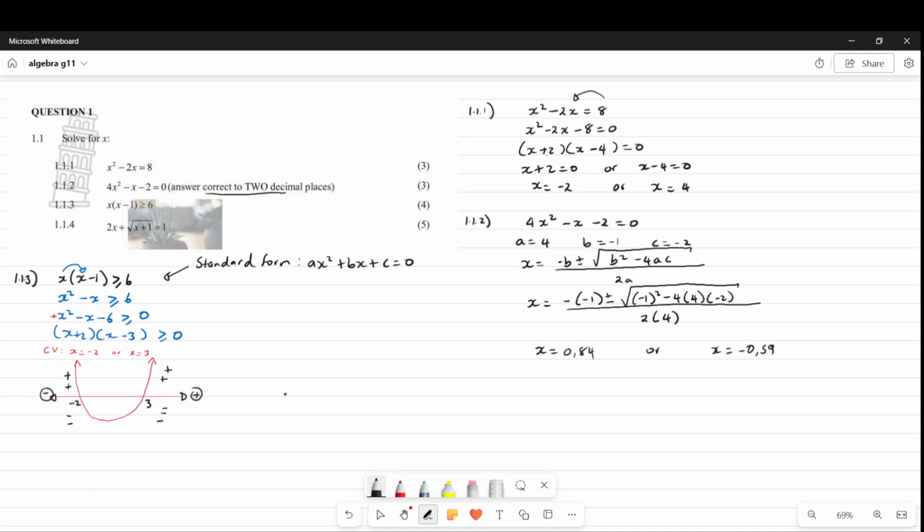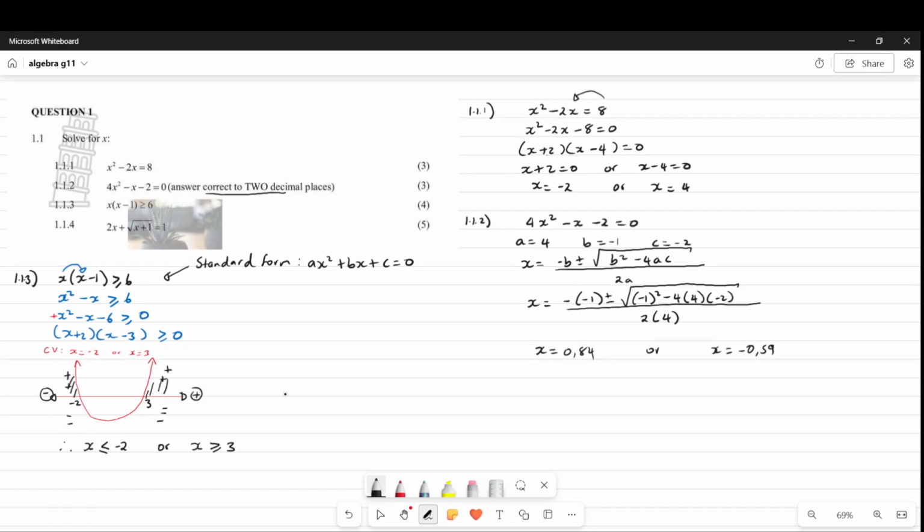So you can see it's only above 0 when x is greater than 3, or when it's less than -2. So your answer over here is, therefore, x is less than or equal to -2, or x is greater than or equal to 3. And this is how you answer, right?